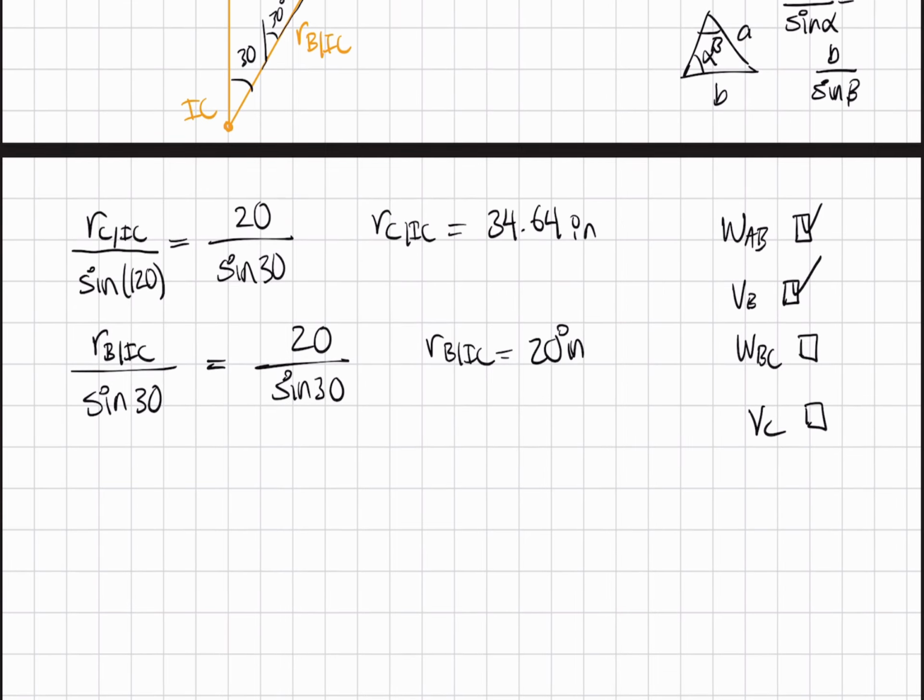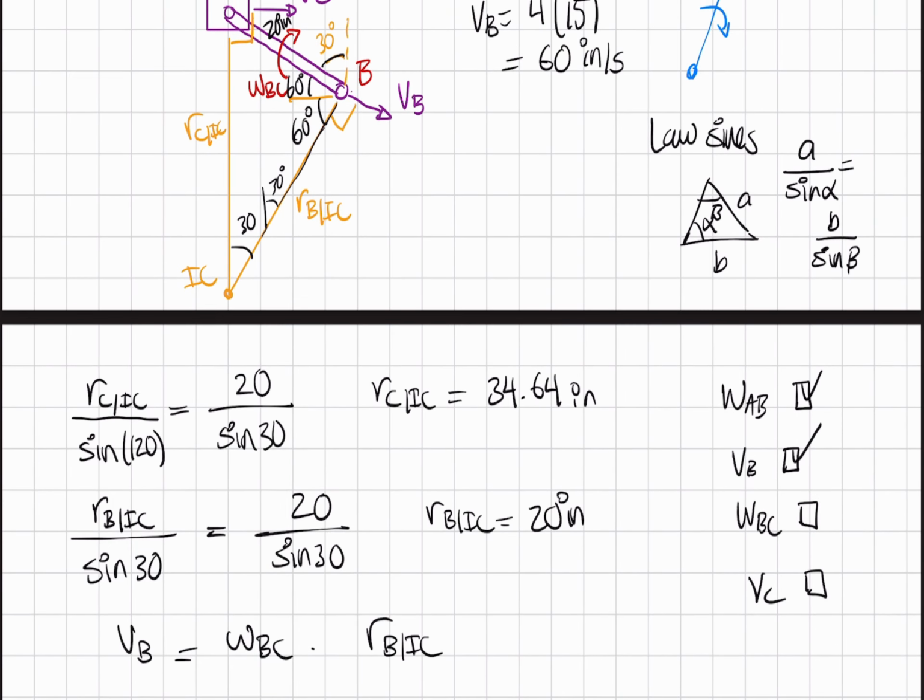Here, I already know velocity B can be described as omega BC times RBIC. That's just a fundamental relationship. So if I know omega BC, and if I know RBIC, then I can find VB. Except the problem is a little bit inverted. In this case, we know VB, we know RBIC, but we don't know omega BC.